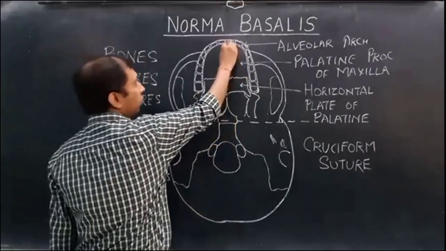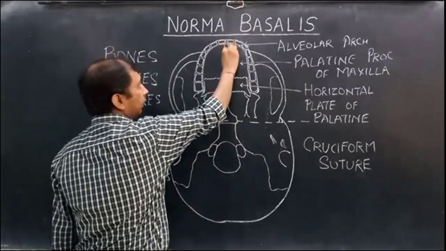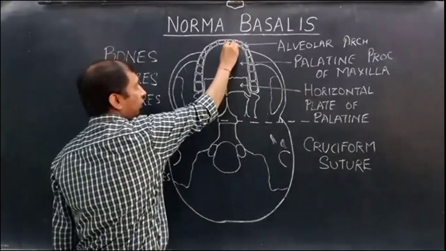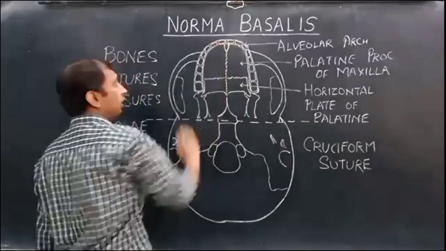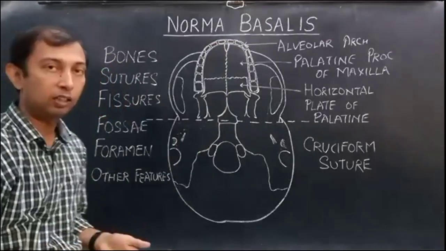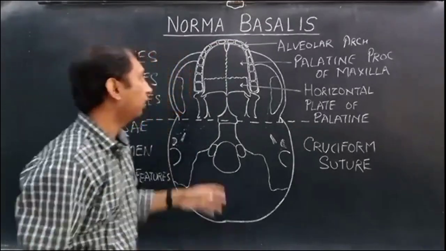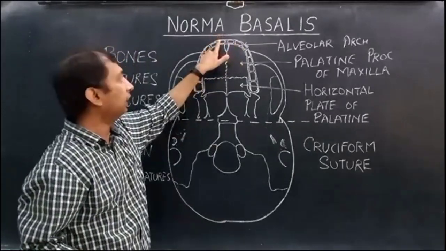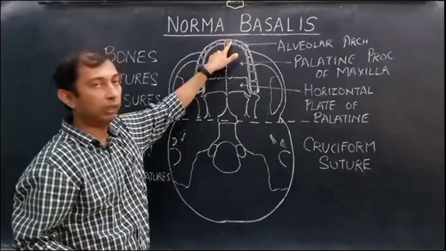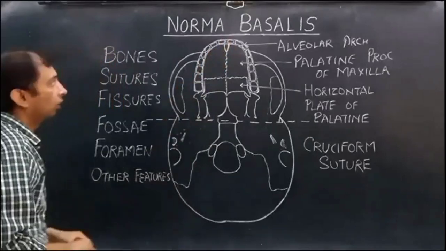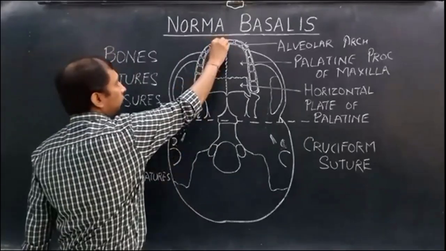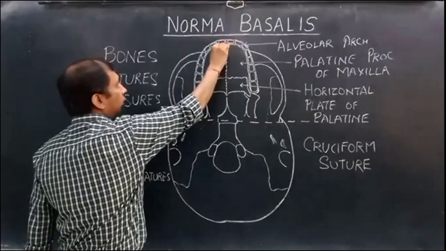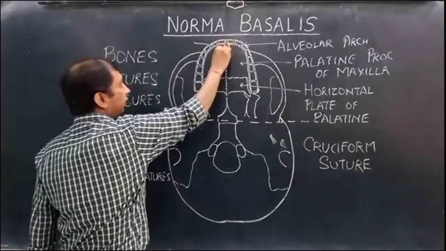Then most anteriorly, at the anterior end of this median suture, is a depression. There is a fossa, and this fossa is directly related to these two teeth. What are these two teeth? Medial incisors.